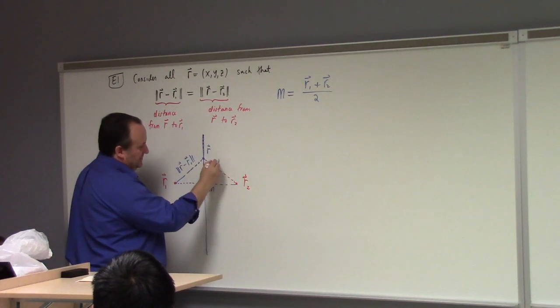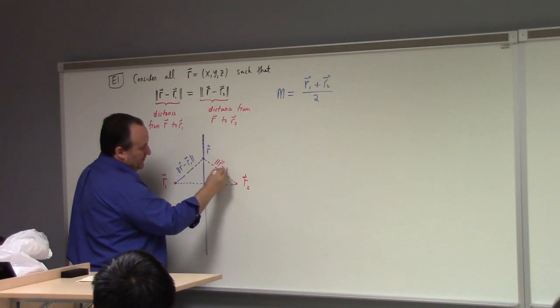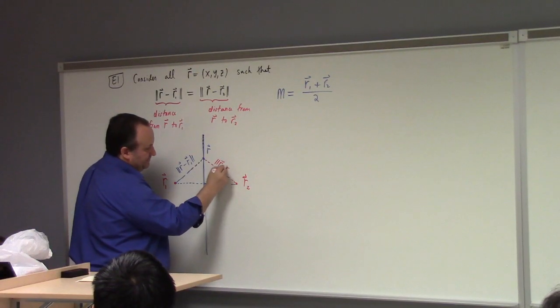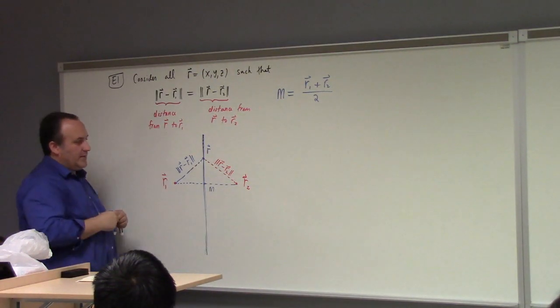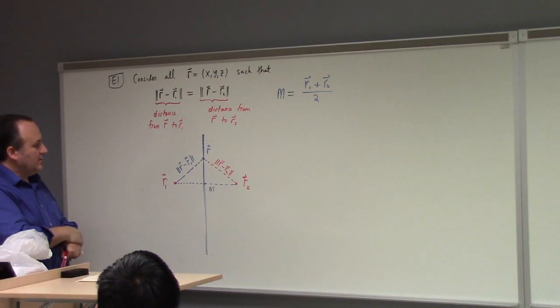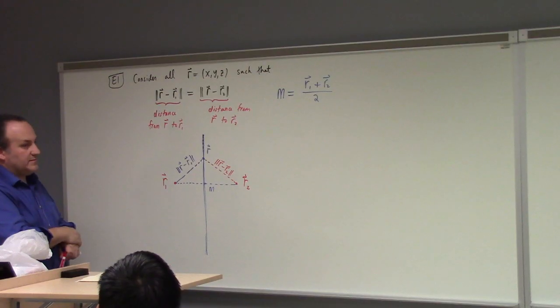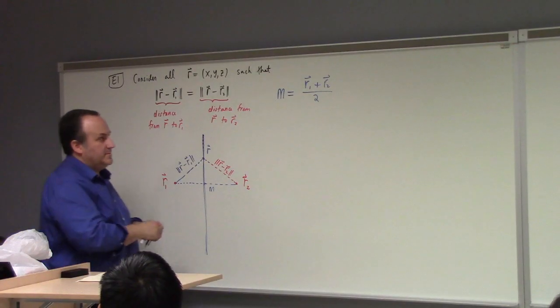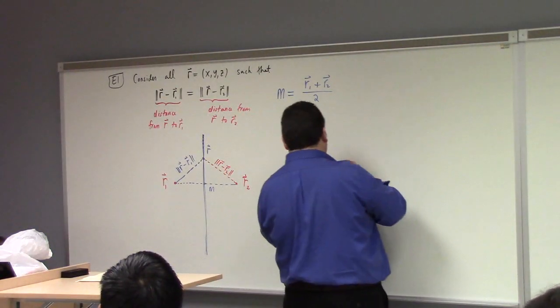I think it's worth just stopping to appreciate what goes on here. What's the equation of this plane, this blue plane I just kind of half drew? Could you guys figure that out?